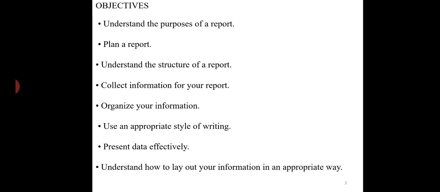Next, use an appropriate style of writing. The scope and style of a report vary widely depending upon the various types of report. It depends mainly on three key factors.